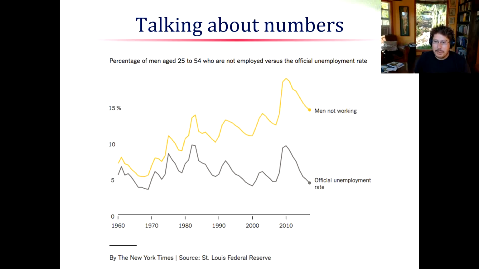One of these plots looks like, from the 60s to the middle of the 2010s, the labor force participation rate, the percentage of men who are not working, has really grown, but the unemployment rate looks pretty similar to what it looked like in the past. And depending on the story you want to tell, one of these may be more accurate or less accurate. So that's one way that talking about numbers is complicated.